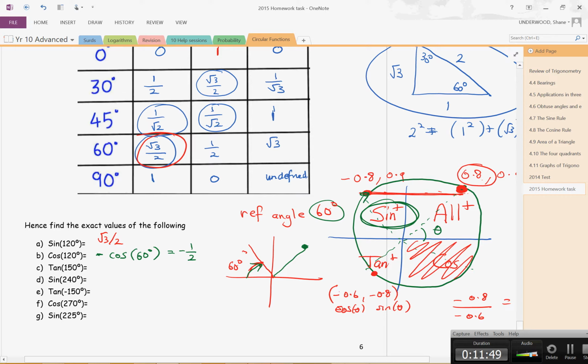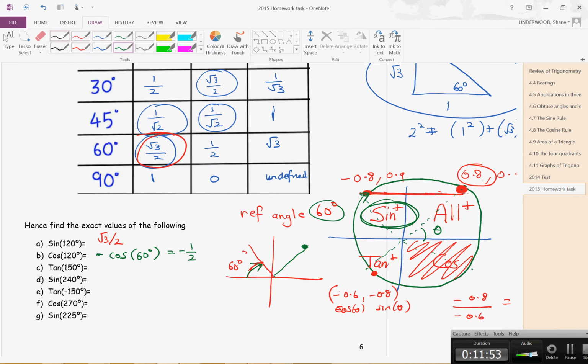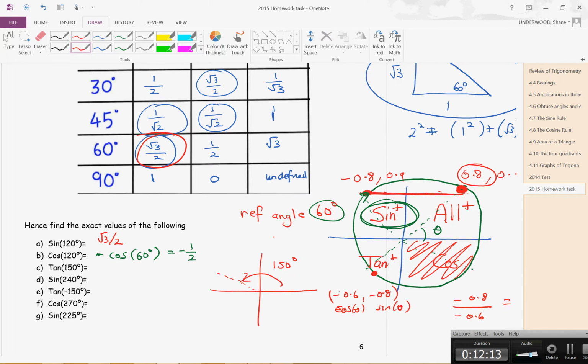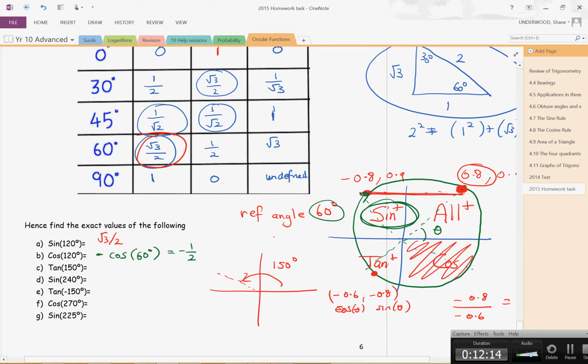Now, what about tan of 150 degrees? This time, we've got to go around anti-clockwise 150 degrees. We go around to 150 degrees. If that's 150 degrees, what's my reference angle to the horizontal? 30 degrees.